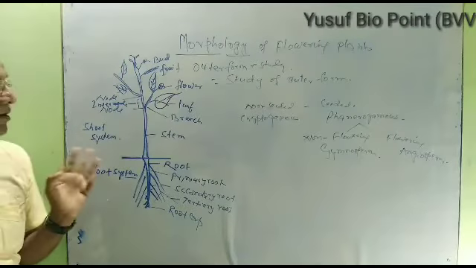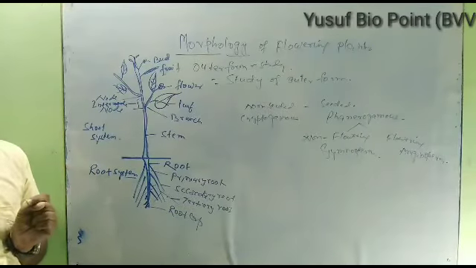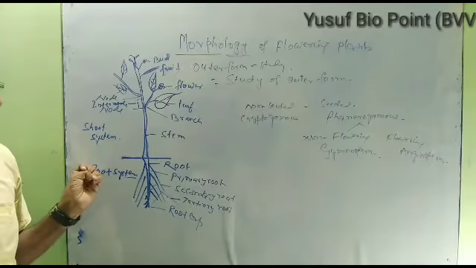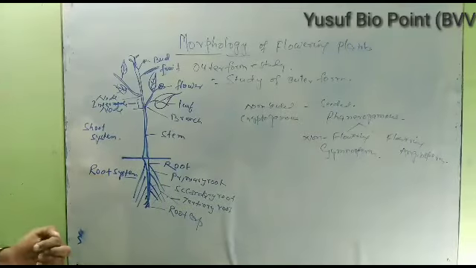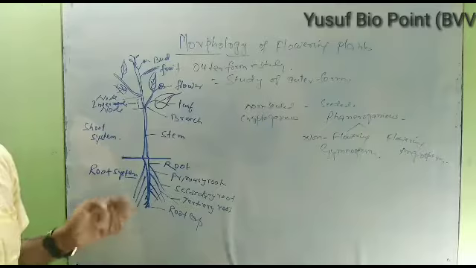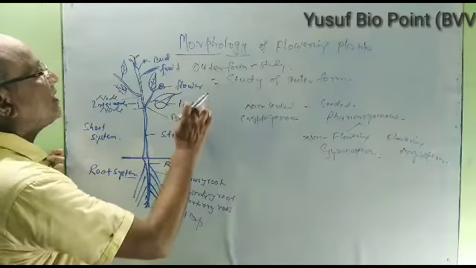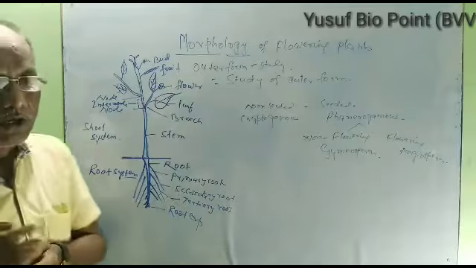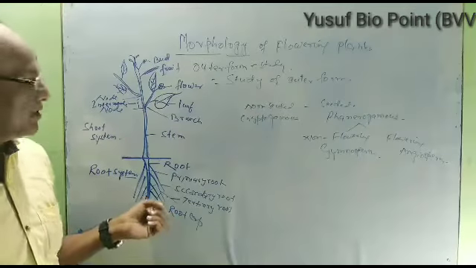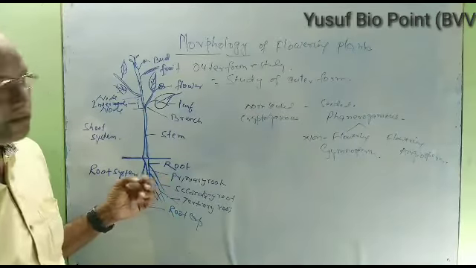These are the parts of a complete angiospermic plant. Now we shall study each one: first the root, then the stem, then the leaf, then the flower. So first we shall study the root.